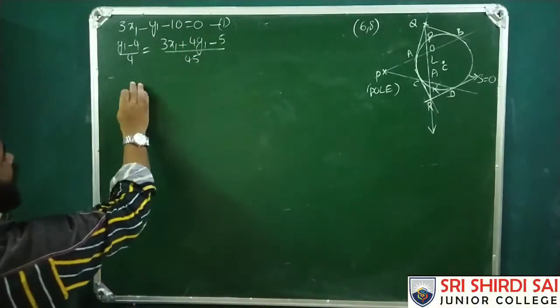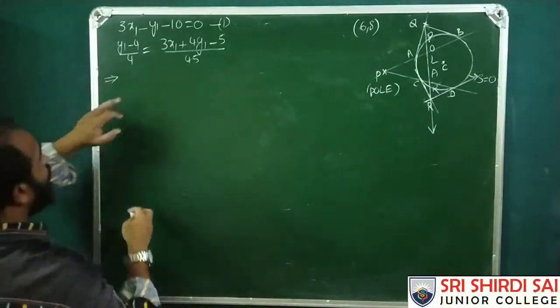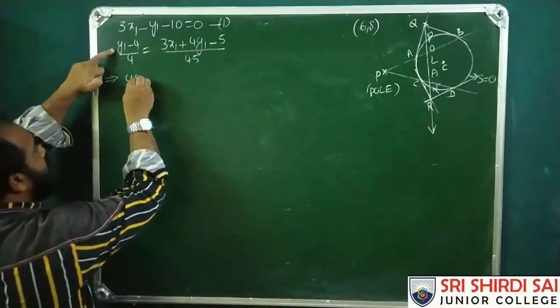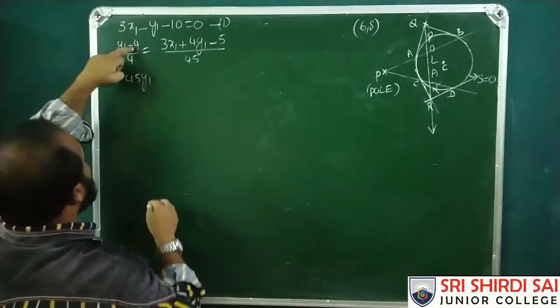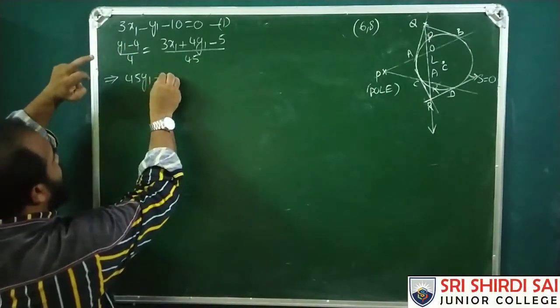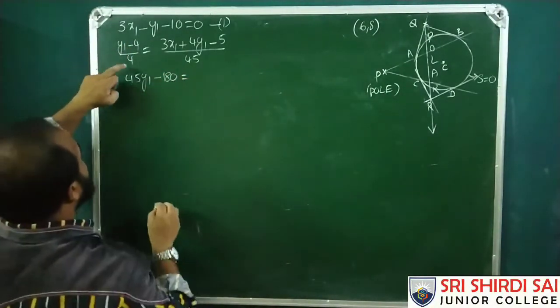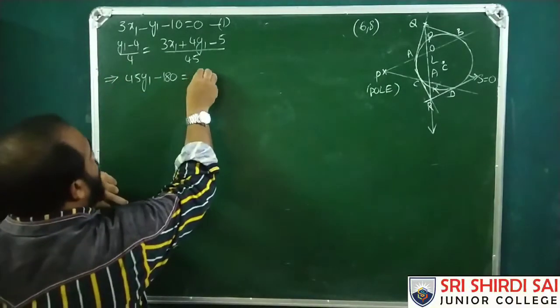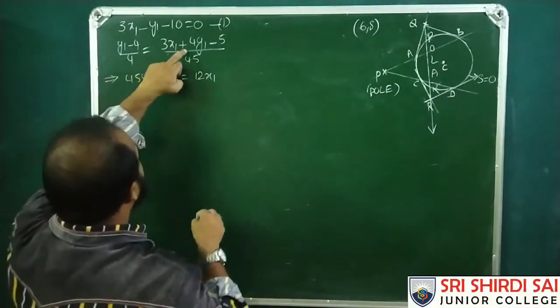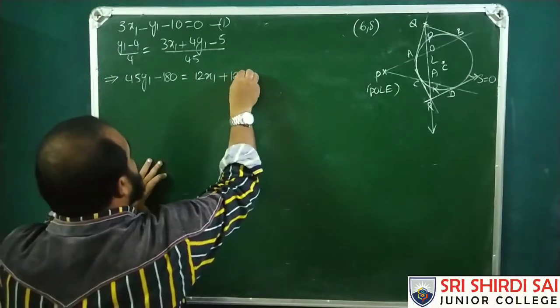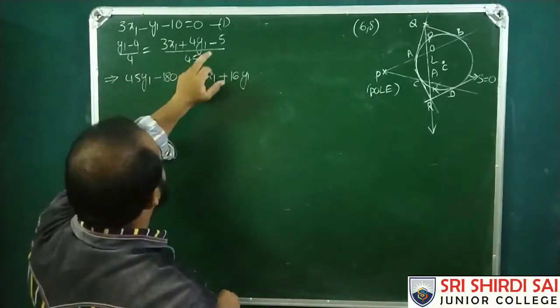Okay. Now see this, 45y1, 45 4s are 180, is equal to 4 3s are 12x1, 4 4s are 16y1 and 4 5s are 20.